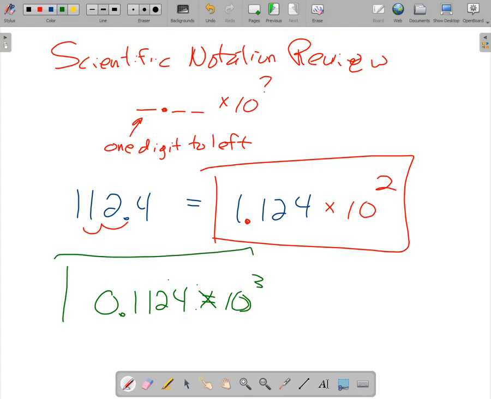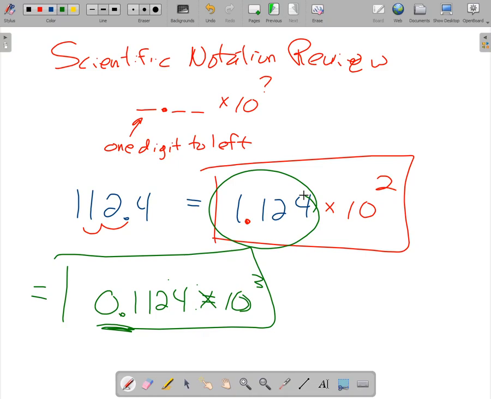This number right here definitely equals both of the numbers above, but is it in scientific notation? Now, this is what they call pseudo-scientific notation. It's got the right form, except that the mantissa is a little bit off. The number that you write here, again, that's called the mantissa. It's got to be between 1 and 10, always less than 10. Can't have 2 digits to the left of the decimal.